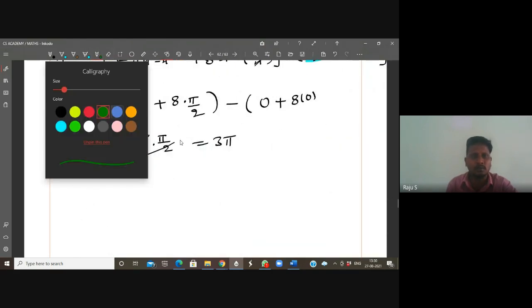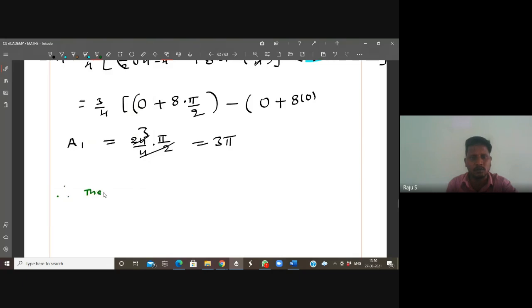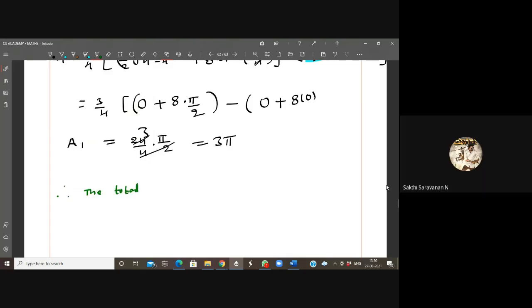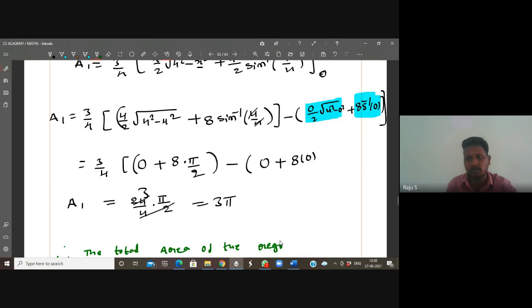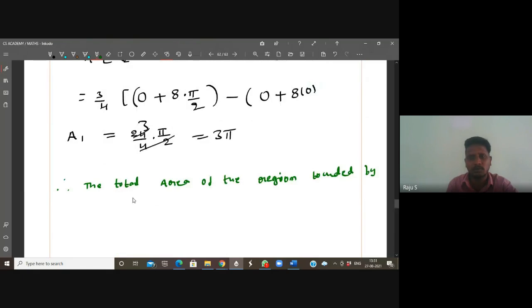Finally, therefore, the total area, you have to write, the region bounded by x square by 16 plus y square by 9 is equal to 1, capital A is equal to 4 times of A1.